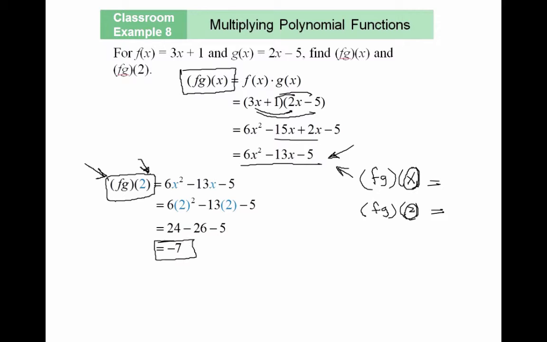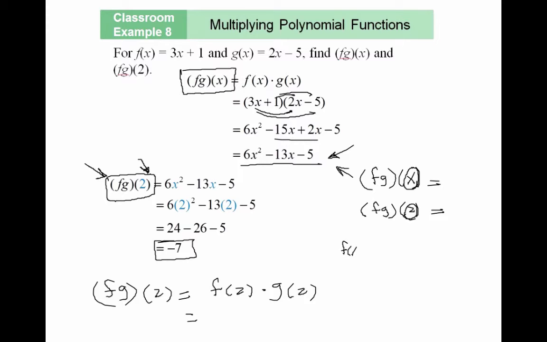That's what we're doing. Now another way to do this: if I wanted to know what (fg)(2) means, that is the same as f of 2 times g of 2. You could do that too if you wanted to. Now what is f of 2? To find f of 2, I need to know what f of x is. I have to go back to my f function.